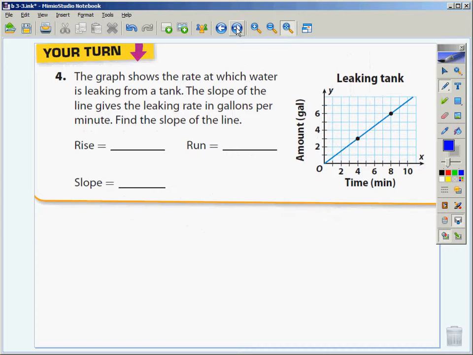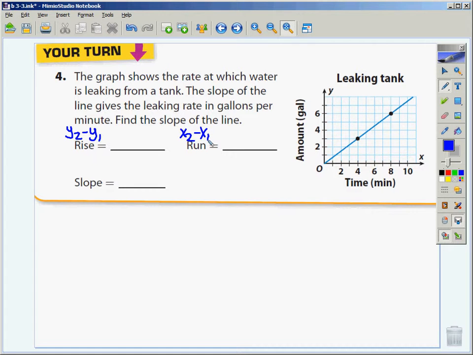Now, if you look at the next page, I want to talk about the notation that's here. Where it says rise, right above where it says rise, would you write y2 minus y1, please? And where it says run, what do you think we're going to put?